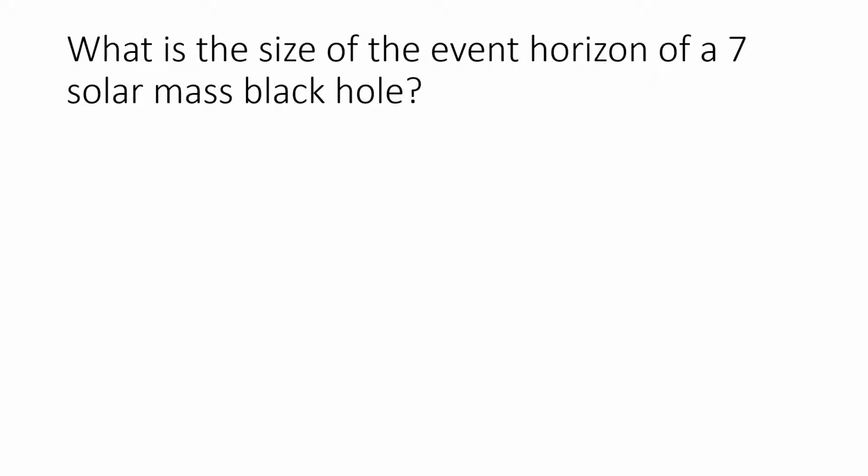So a typical problem might be, what is the size of the event horizon of a 7 solar mass black hole? Well, we know that the Schwarzschild radius is going to be 3 kilometers times the mass in solar mass units. Is the mass in solar mass units?